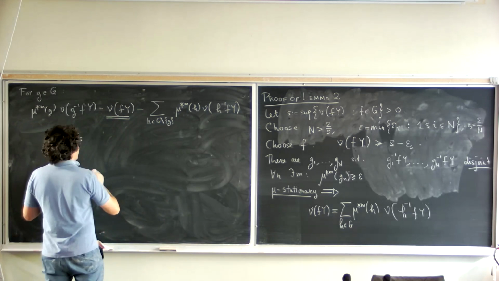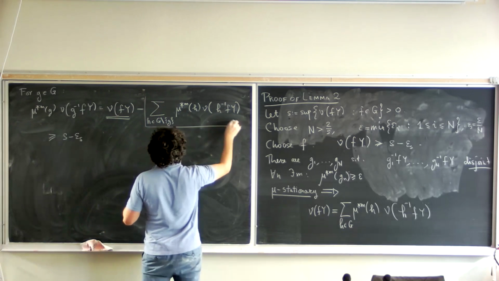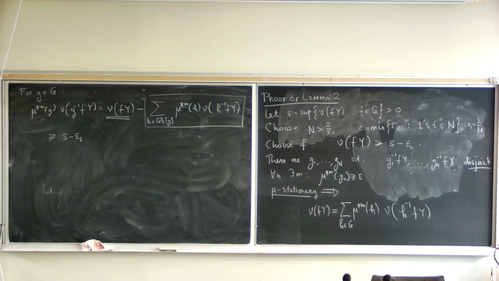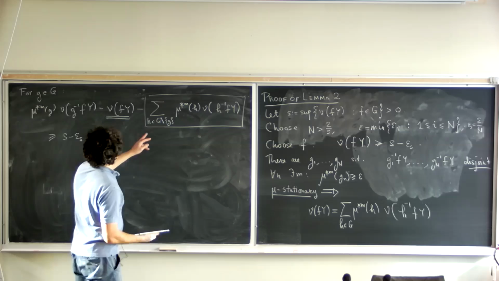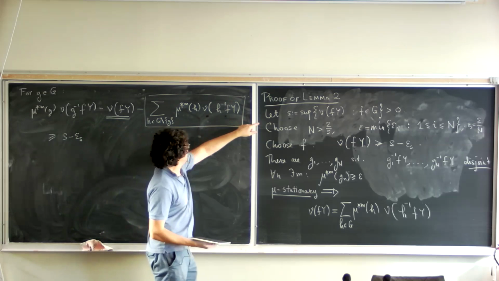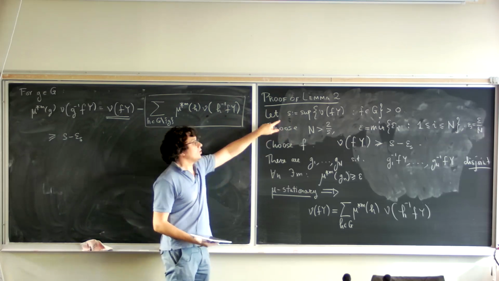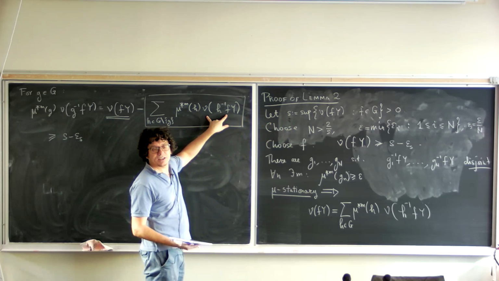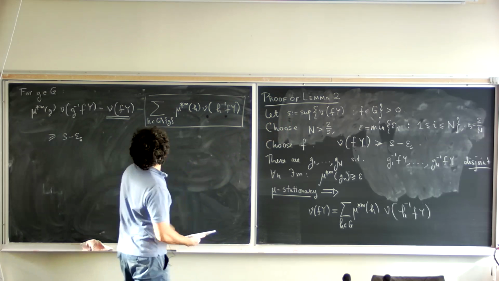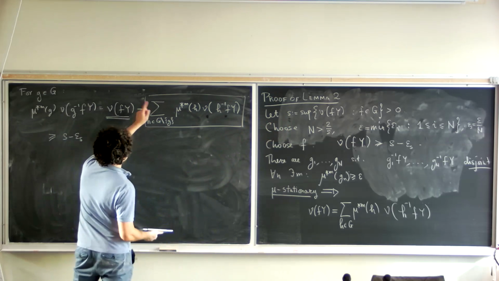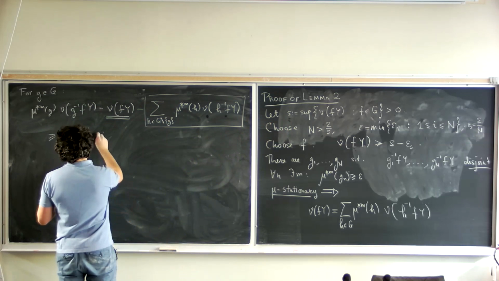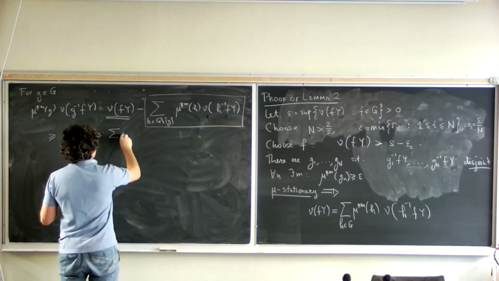And then how about these ones? Well, the supremum is S, so each of those is at most S. So this is at least minus S times the sum of the measures.